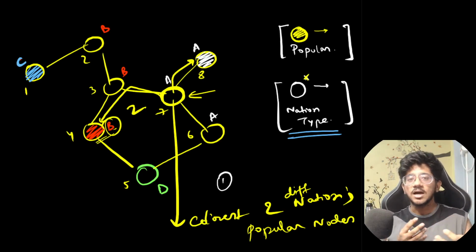Because out of the two shortest ones, if the minimum one is of the same nation type, then we will take the second one, or else we will take the minimum one. So if we know the two minimum different nations' popular nodes, then we are done with the problem.